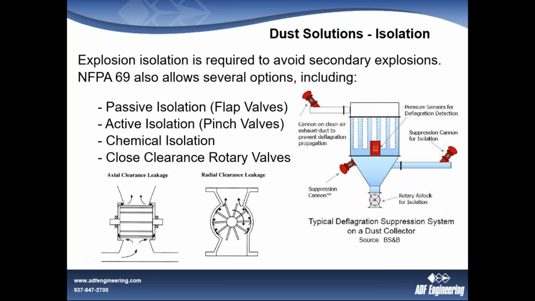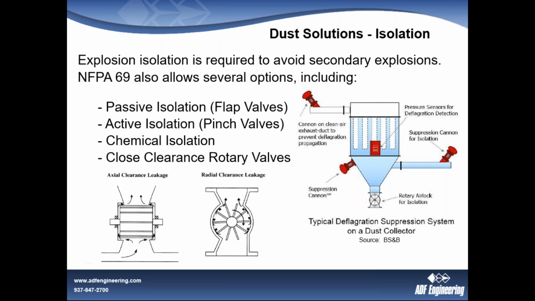It needs to have tight clearances that cannot be flexible, like a rubber tip or a brush tip. It has to be a metal tip, has to have a clearance of 0.2 millimeters. Can't even see that. That is so tight. But that's the requirement to use that as an isolation device. What's more is you have to have an annual program to inspect those clearances to make sure that it hasn't worn. So it's not just a rotary valve. It's a rotary valve plus.